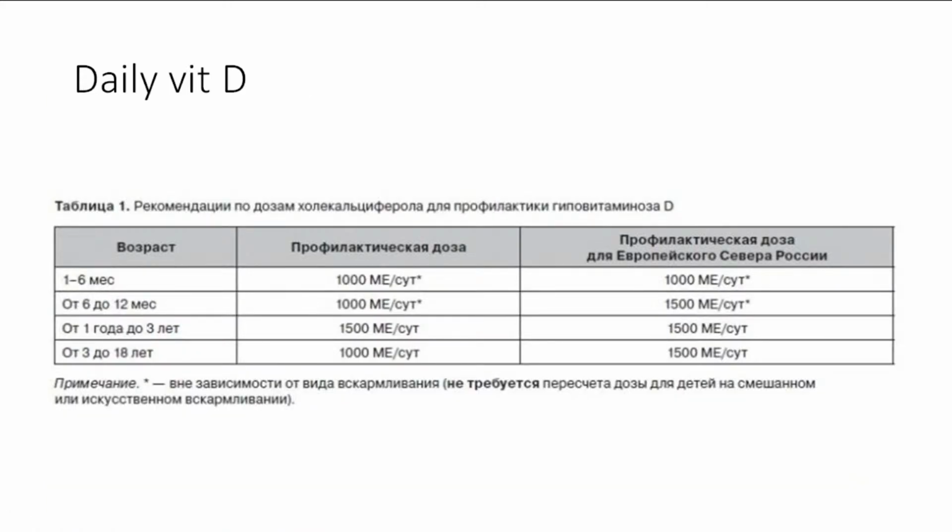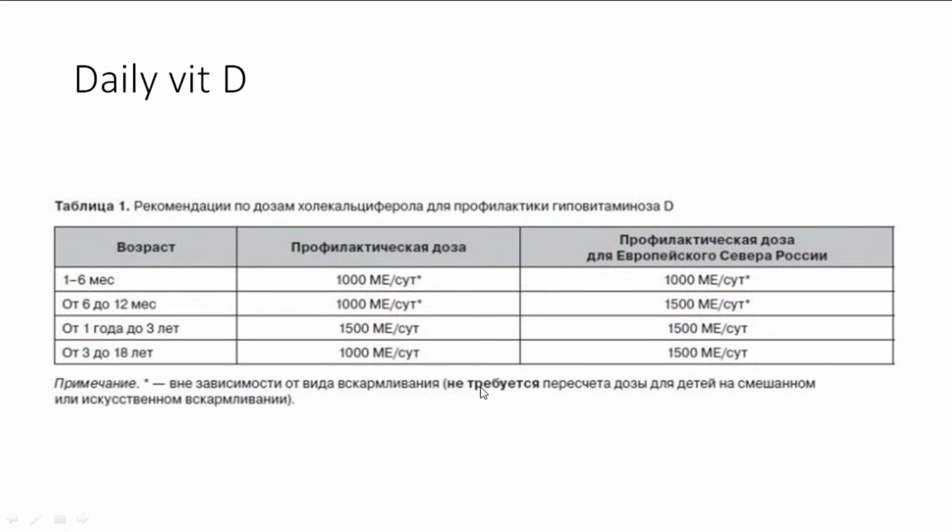Prophylactic doses of vitamin D: from 0 to 6 months, 1000 international units; from 6 to 12 months, 1000; from 1 to 3 years, 1500 international units per day; and for adults also 1000 international units per day.